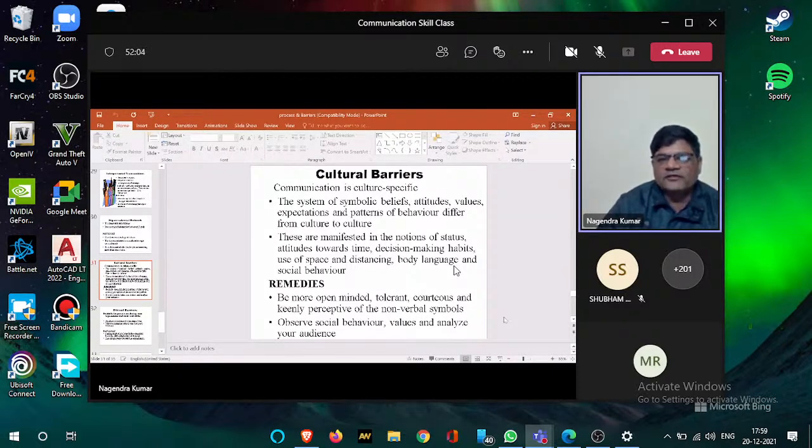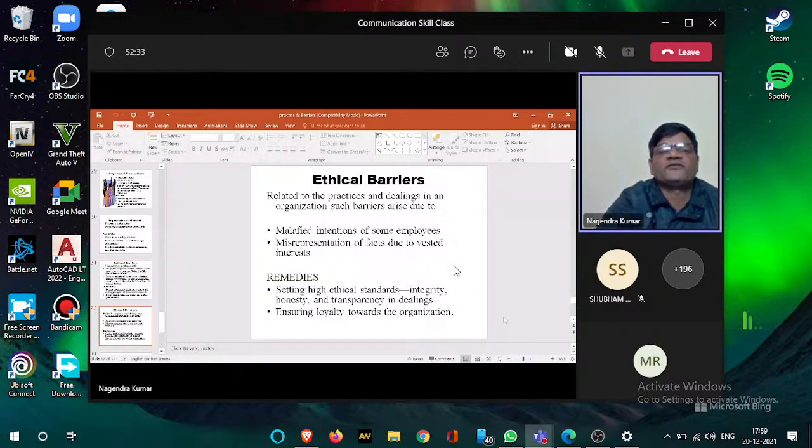I'm just giving one example of Germany, but there can be other countries also, where their embassies ensure that the people who are going to their countries are beforehand given some kind of cultural training, so that they are not found wanting. Fine. So this will help in removing cultural barriers.